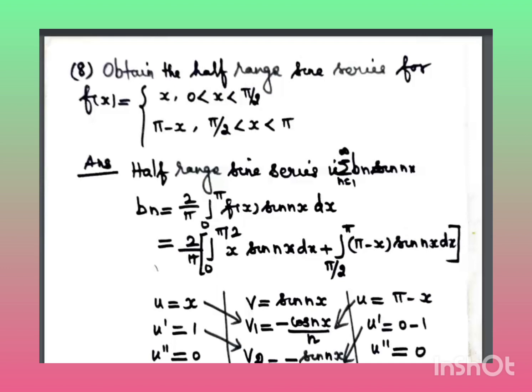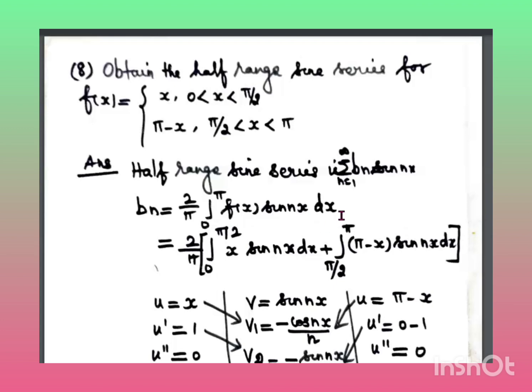So the half-range sine series formula is summation n equal to 1 to infinity bn sin nx. bn is equal to 2 divided by pi, integral over the limit 0 to pi of f of x sin nx dx.